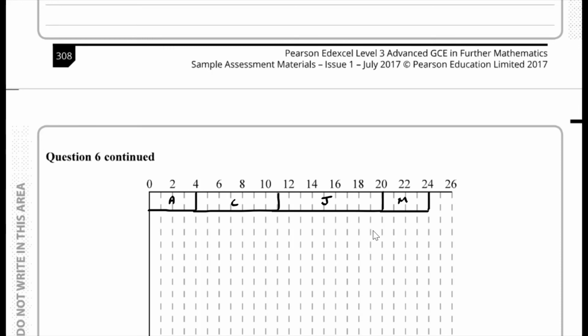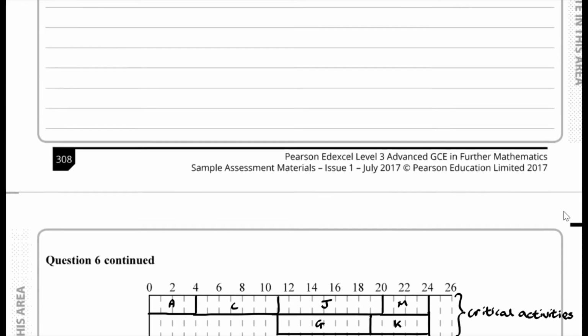So we'll add that in over here, and this over here is G. Okay, and then of course we finish off at 24, and this is K. So what you'll find over here is we have our two critical activities. Perhaps if we mention that here we have critical activities.